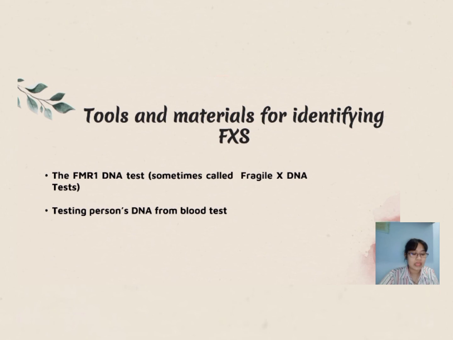FXS and individual at risk for carrying the mutation can be determined by examining the size of the trinucleotide repeat segment, and the methylation status of the FMR1 gene, and then testing person's DNA from the blood test.